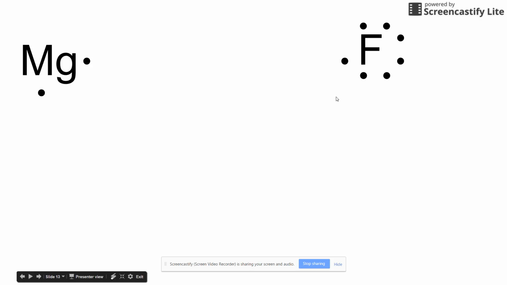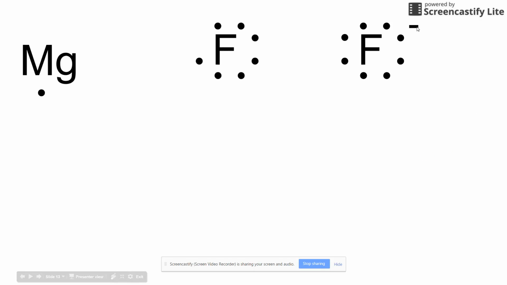So this fluorine picks up 1 electron from magnesium, and so it becomes negatively charged.